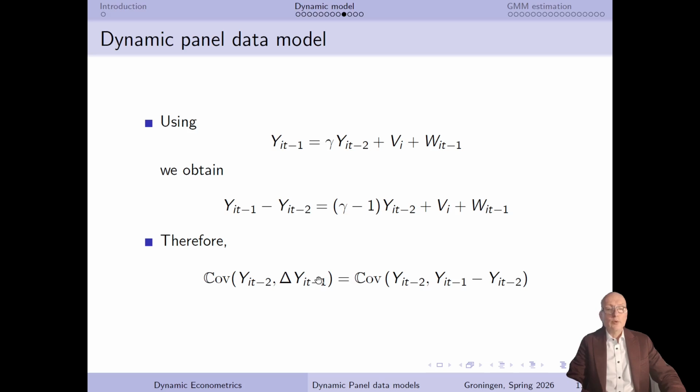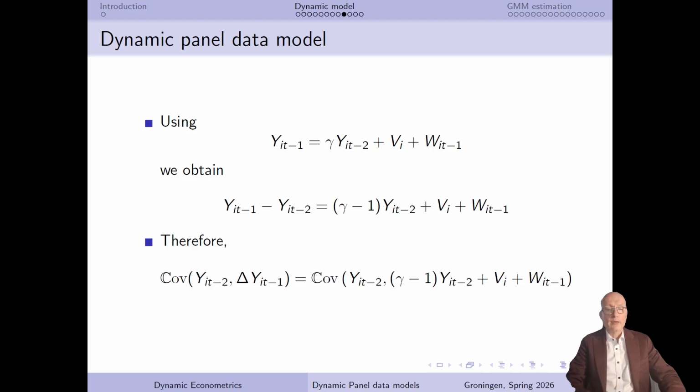What we can do is rewrite this a bit. First, we can write this as the covariance of y_{i,t-2} and y_{i,t-1} minus y_{i,t-2}. Take into account that the only thing I have done is rewrite Δy_{i,t-1} as y_{i,t-1} minus y_{i,t-2}. Then I can substitute in here the right-hand side for y_{i,t-1} minus y_{i,t-2}.